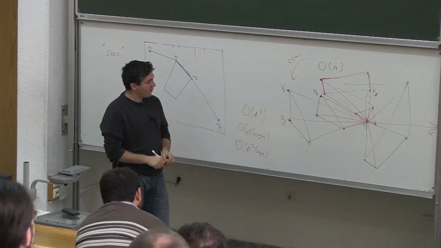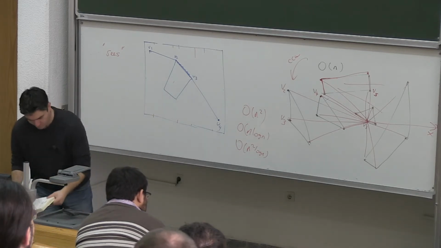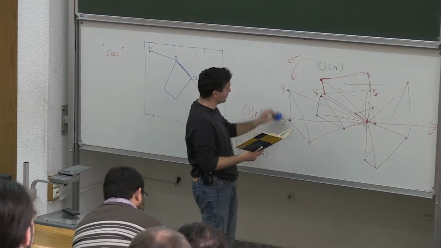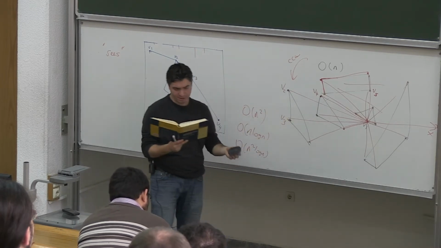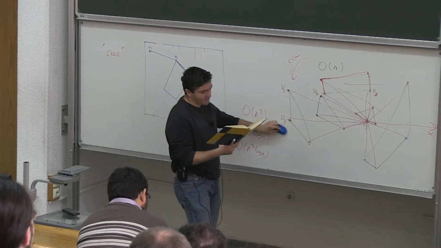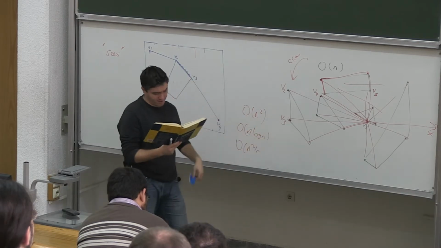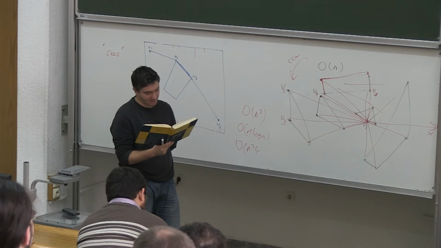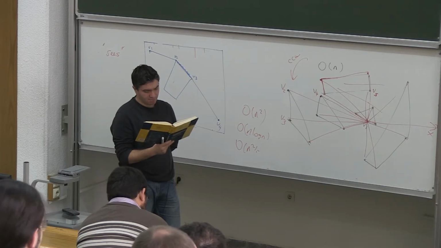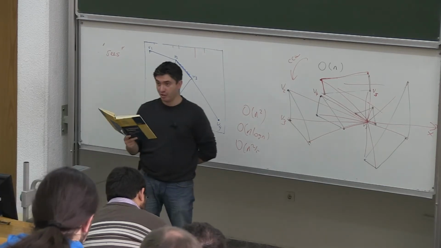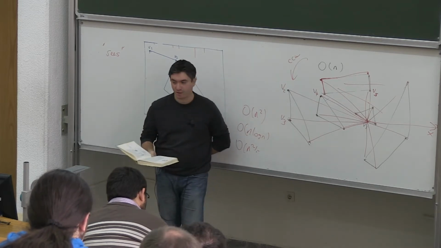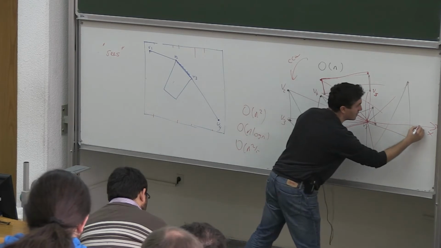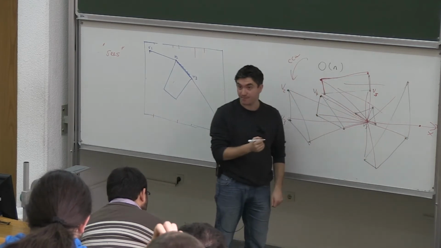Okay, now this is the general algorithm, and it is only this. We first sort the obstacle vertices according to the angle they make, and then initially we start our status structure.